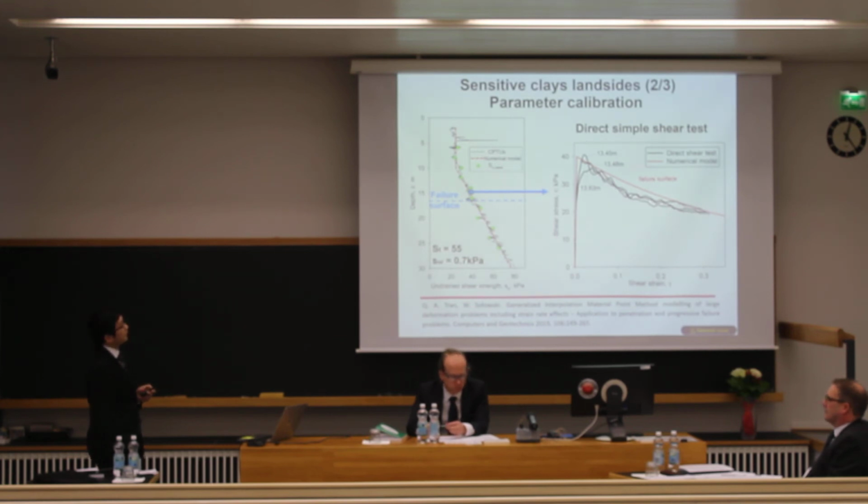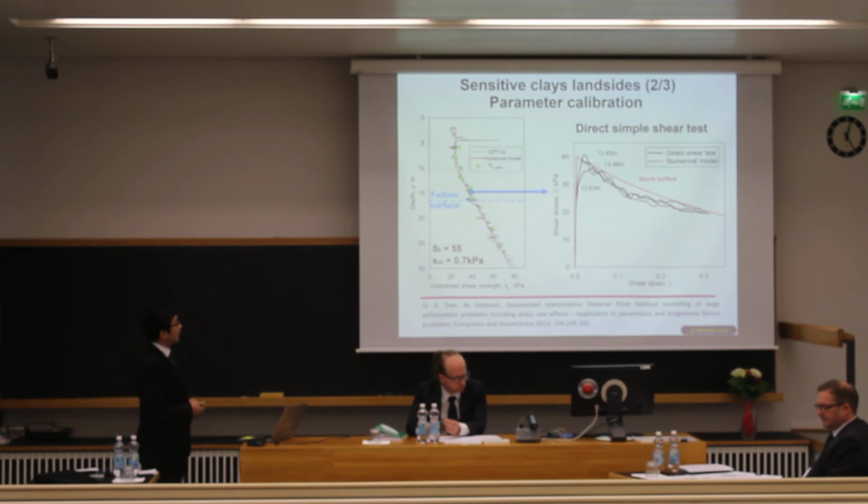And on the right figure here is the calibration for the stress strain behavior based on the direct simple shear test. You also have the fall cone experiment, so we knew that the average sensitivity is around 55 and the remoulded undrained shear strength is 0.7 kPa. And with the very low value here, it means that the clay will change to liquid during shearing.